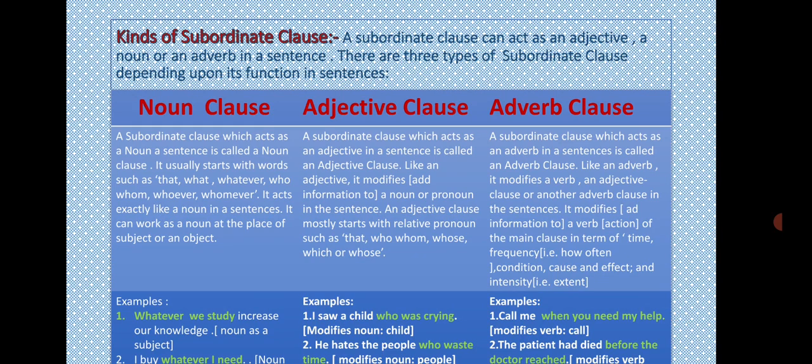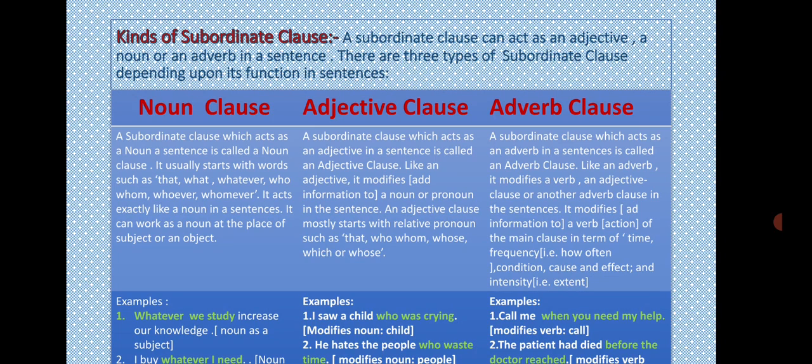Now we will see adjective clause. A subordinate clause which acts as an adjective in a sentence is called an adjective clause. Like an adjective, it modifies or adds information to a noun or a pronoun in a sentence.